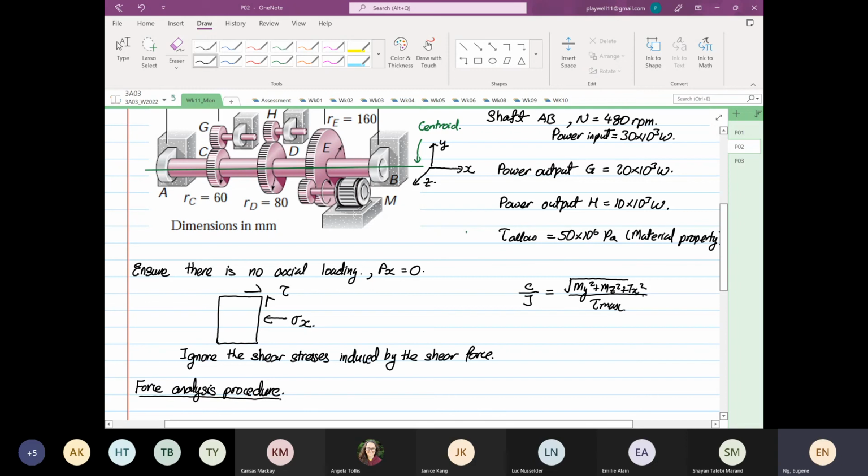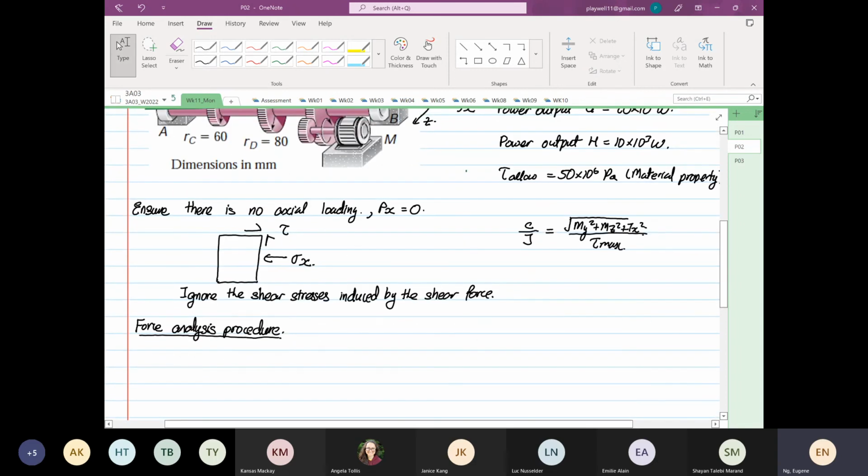So now let's think about power. What we are given is power, so we are given power input and power output information.